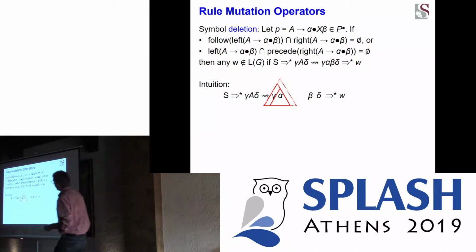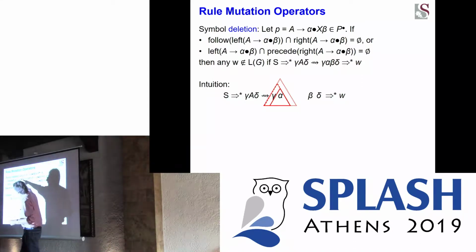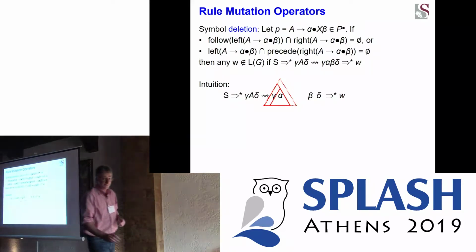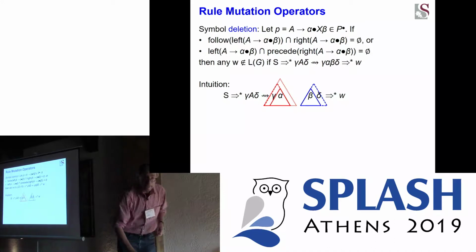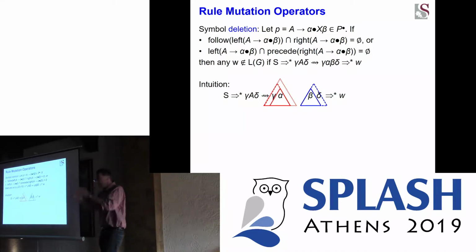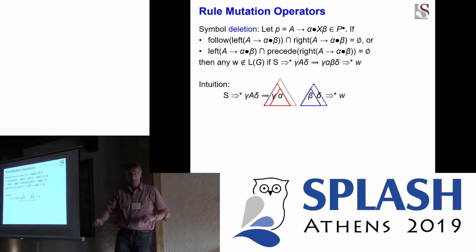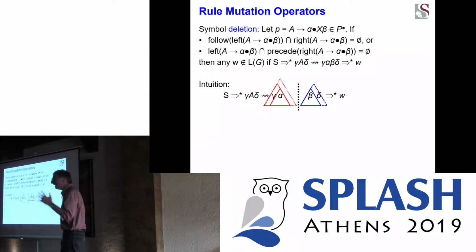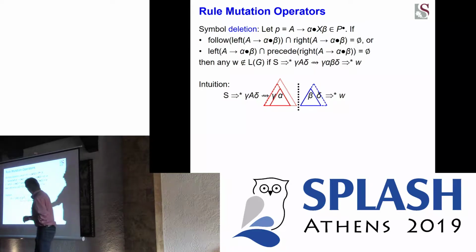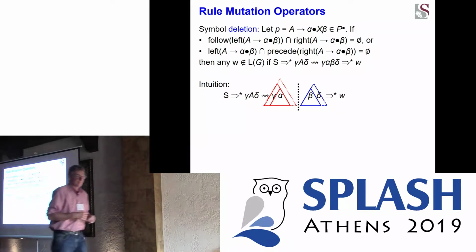Right? So that's the follow set of this. Right? So that's left and follow. And if that is disjoint from whatever can be constructed on the other side, if these two are disjoint, then we know that we have a Poisson pair in any possible instantiation of alpha and beta. Right? So that's the idea.